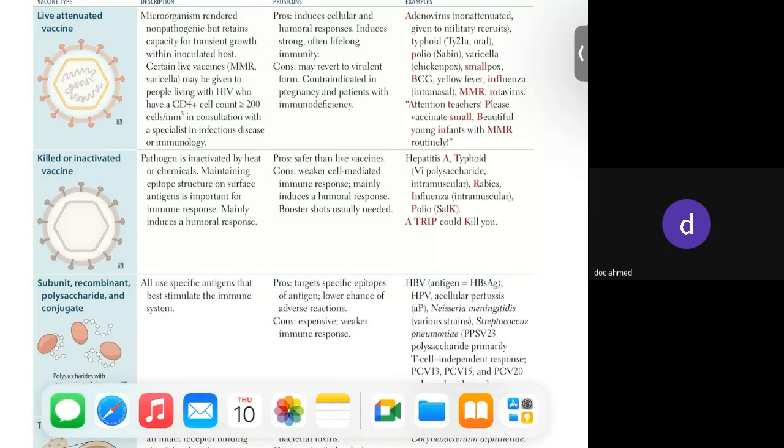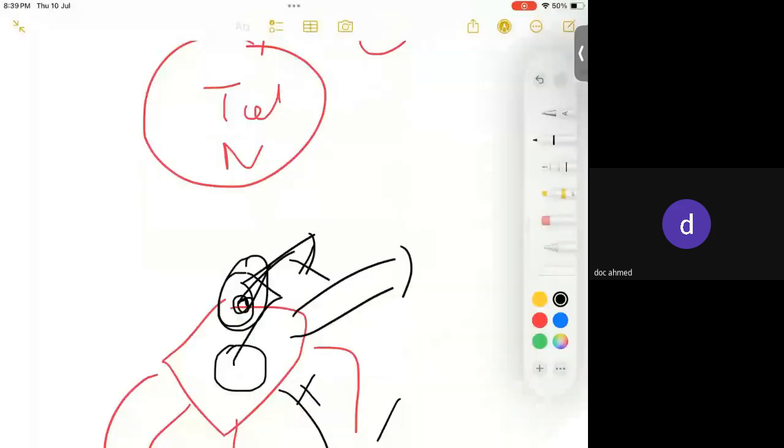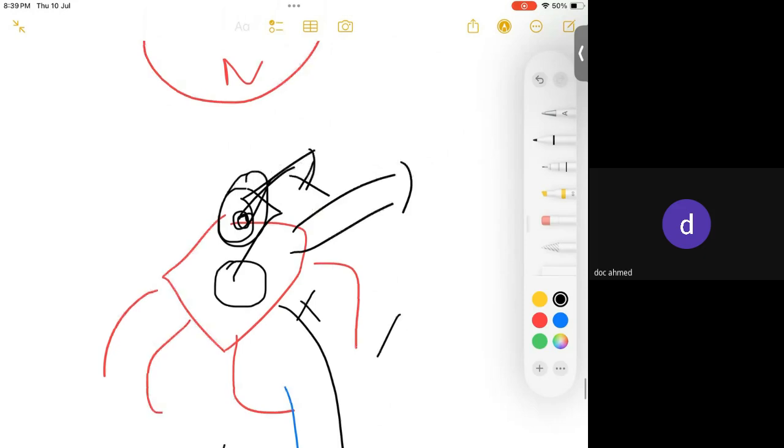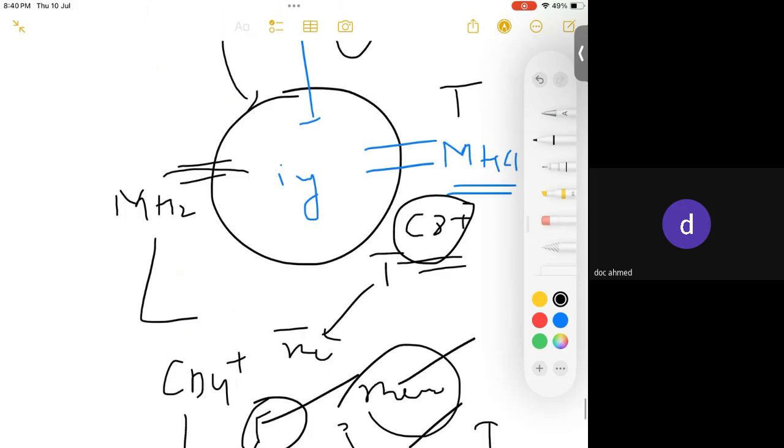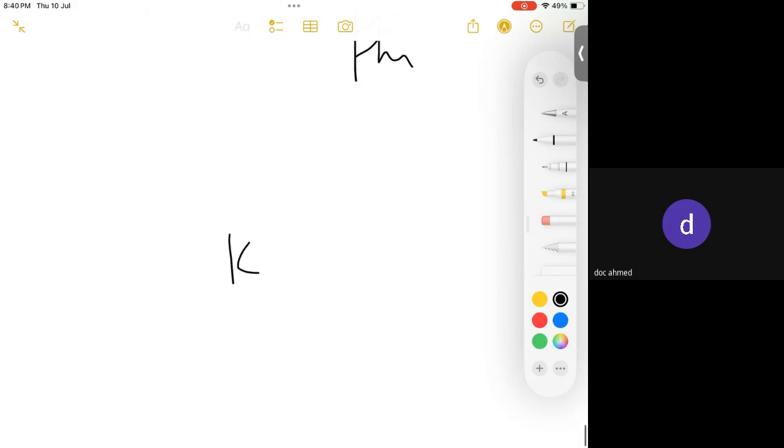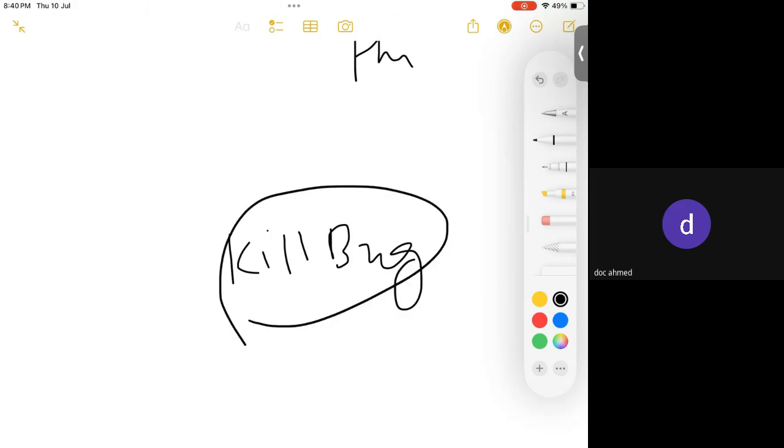In this case, we are removing the pathogenic component of a bug, but it is still immunogenic. Immunogenicity basically means whether it can train your body or not. So if we kill a bug and use it as a vaccine, although we destroy the pathogenicity, it is still immunogenic. Is this concept clear?